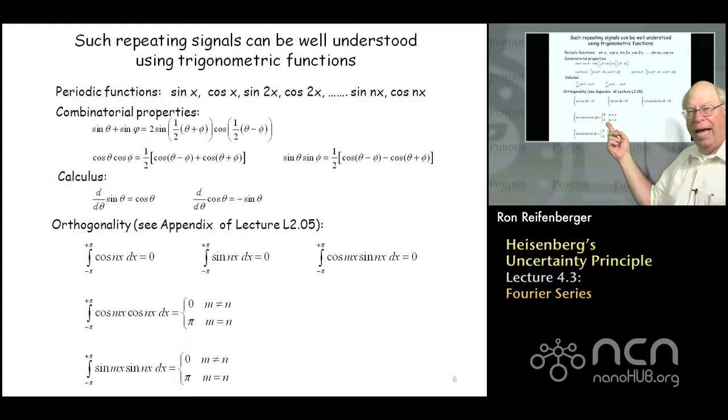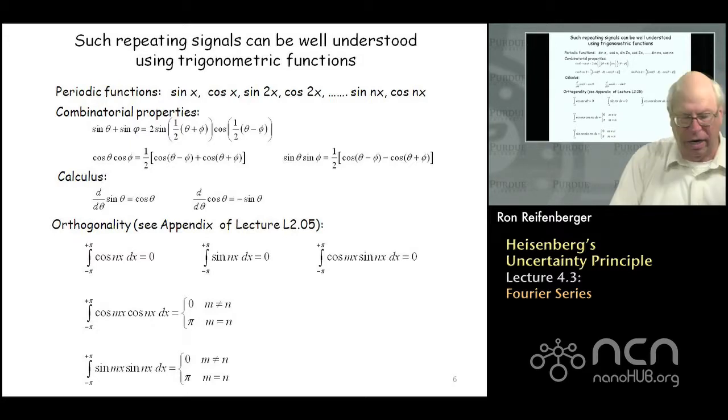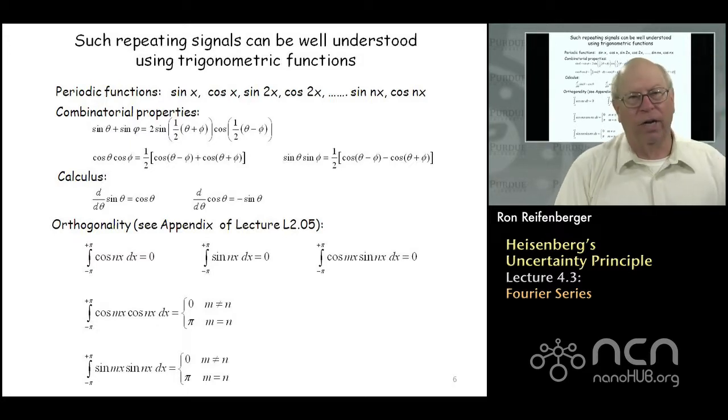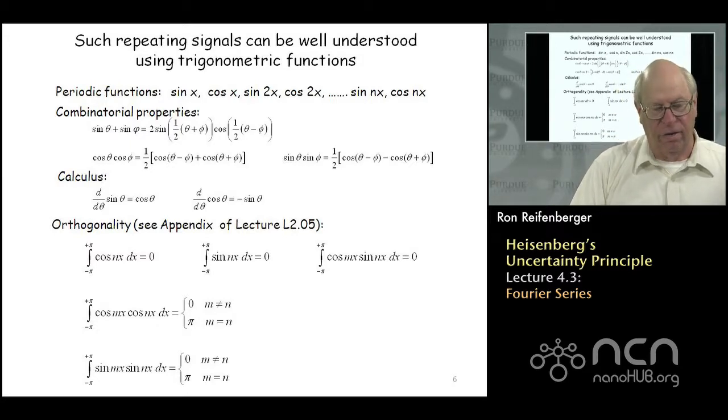But if m happens to equal n, then this integral is non-zero, and we get this constant pi out. There's a similar result for the sine functions. So this is referred to as orthogonality, and it plays a critical role in deriving the expressions for Fourier series.